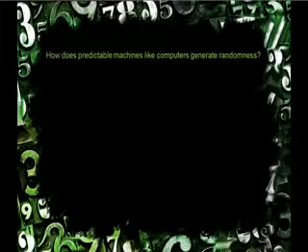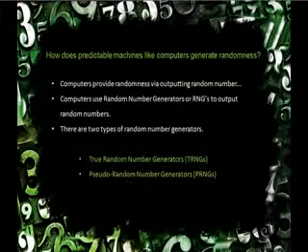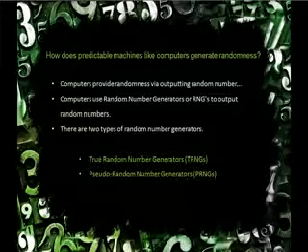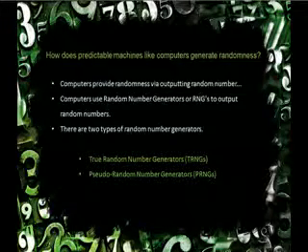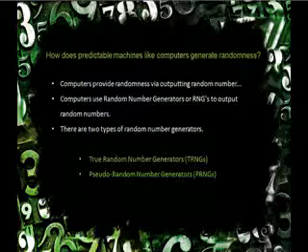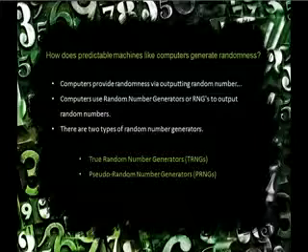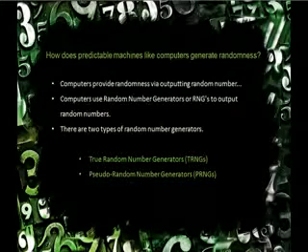But how do predictable machines like computers generate randomness? Computers provide randomness by outputting random numbers. But again, how does a predictable machine like a computer generate an unpredictable random number? Computers use random number generators, or RNGs, to output random numbers.